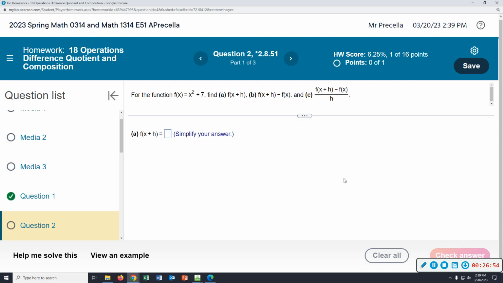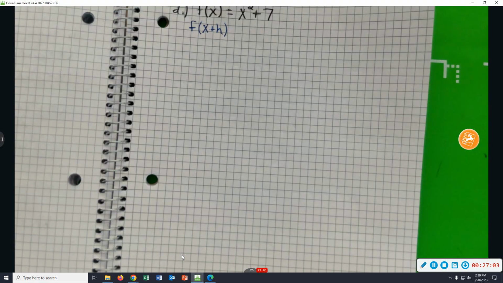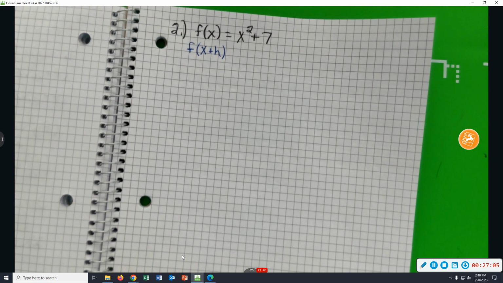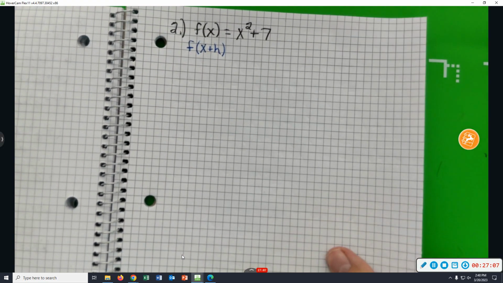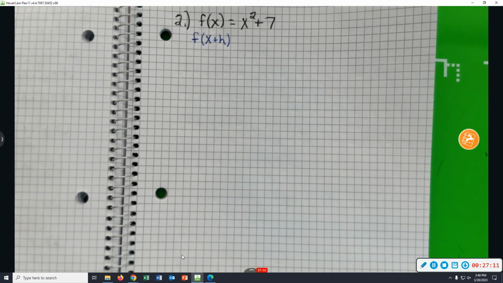This is a 3-part problem. So f of x is x squared plus 7. First thing we're told to do is find f of x plus h.